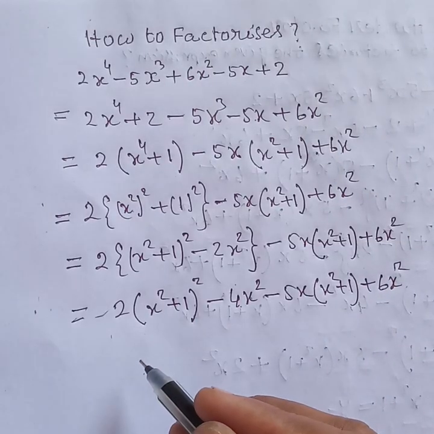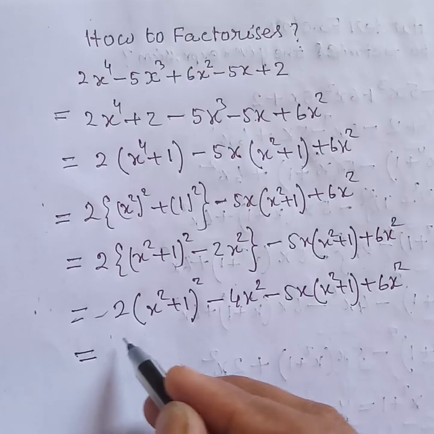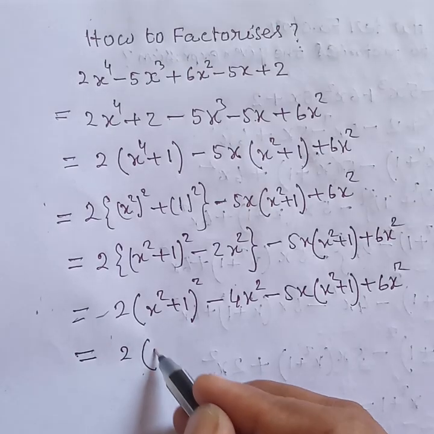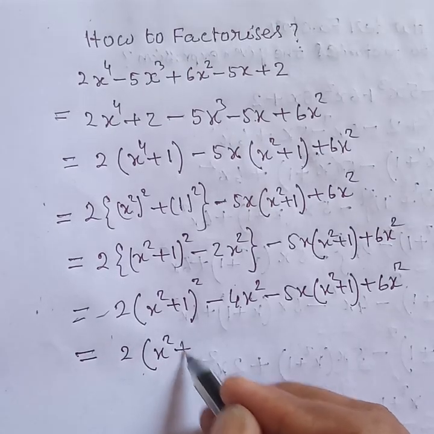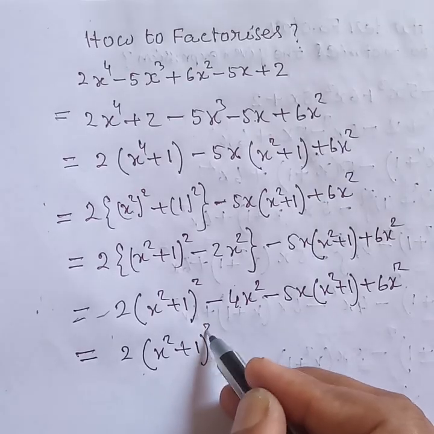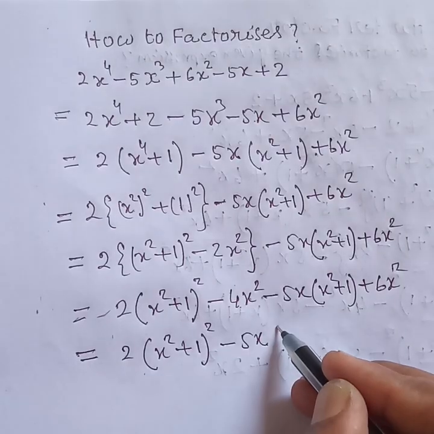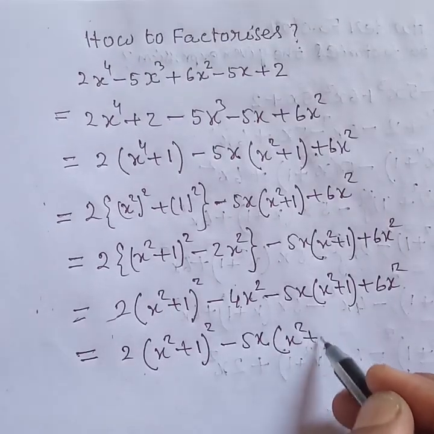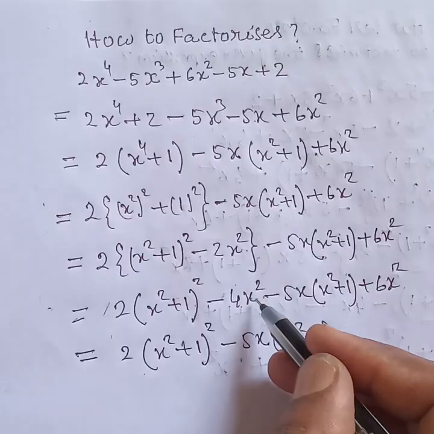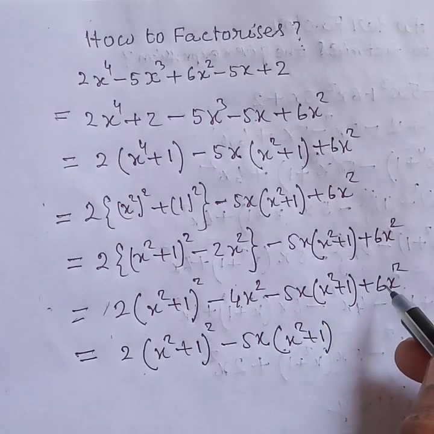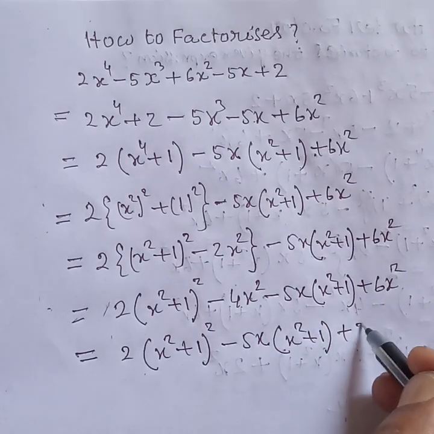Now next step, it will be 2 into x square plus 1 whole square minus 5x into x square plus 1 minus 4x square plus 6x square. It is 2x square.